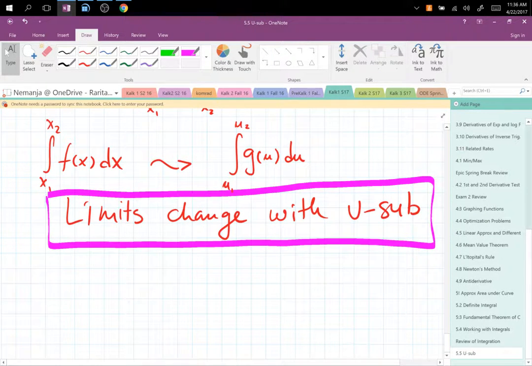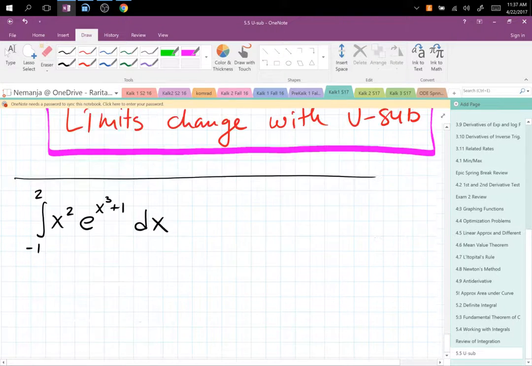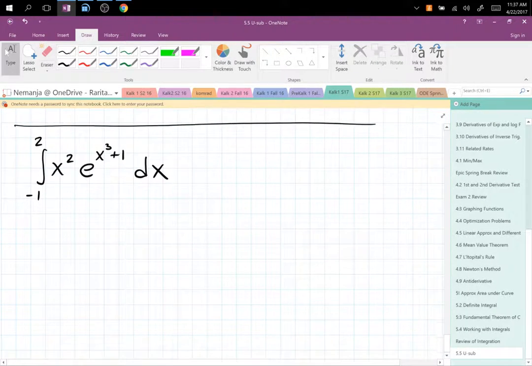So let's take a look at the problem. Say I have the integral from -1 to 2 of x squared e to the x cubed plus 1 dx. Well, you clearly see the substitution here.